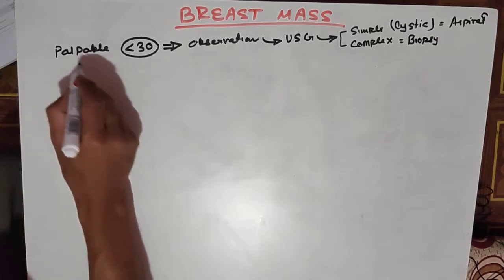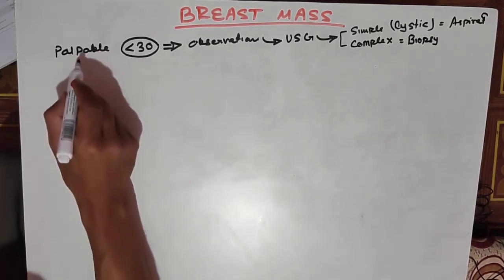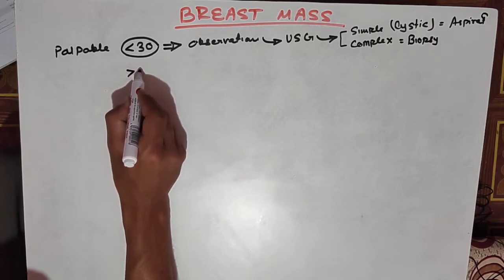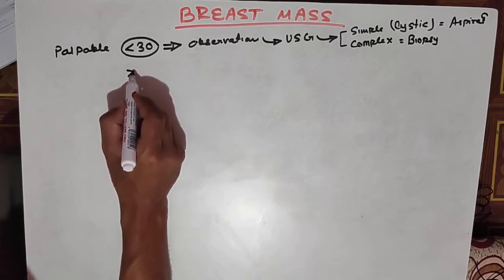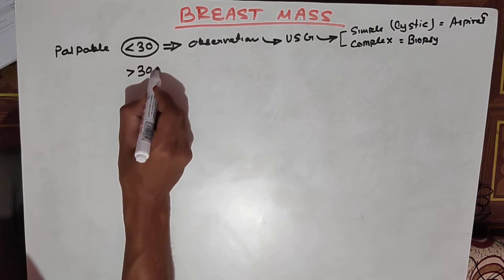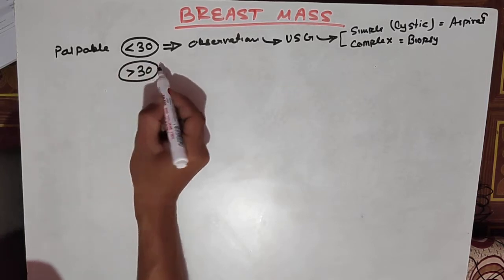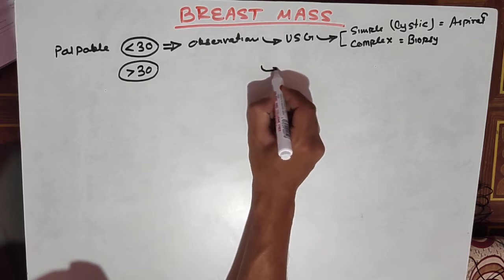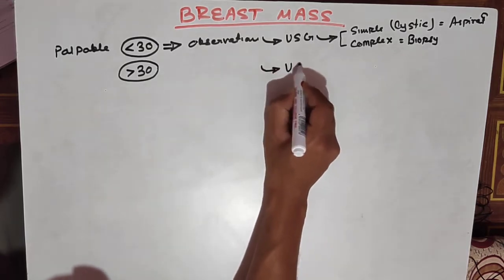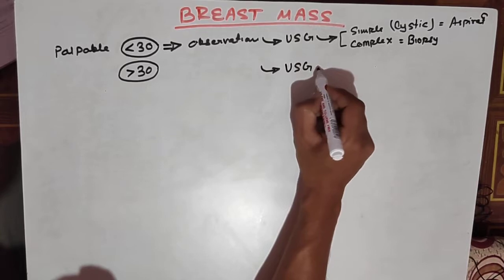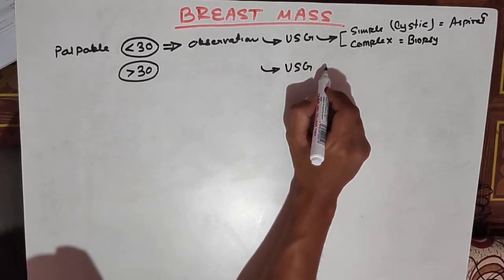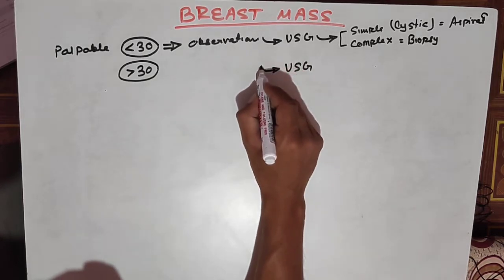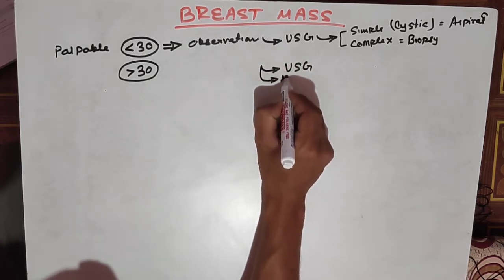Okay, now the same case, the palpable mass, but the age is more than 40. Then we should not go for observation; the observation period is skipped. Directly we should go for the USG, and after USG we should look for whether mammography can also be done.